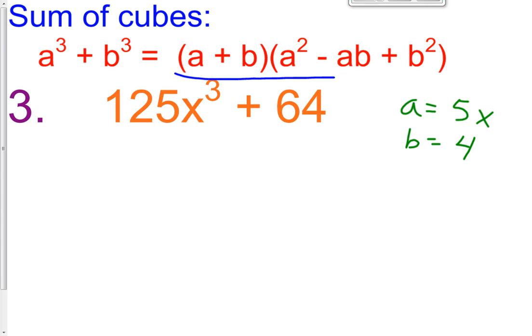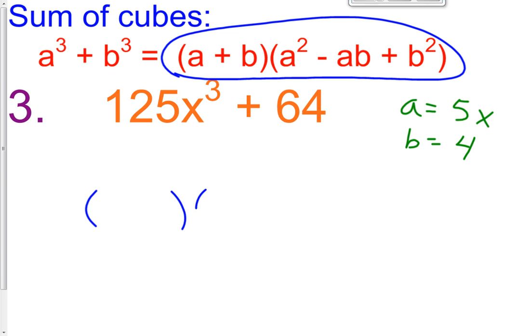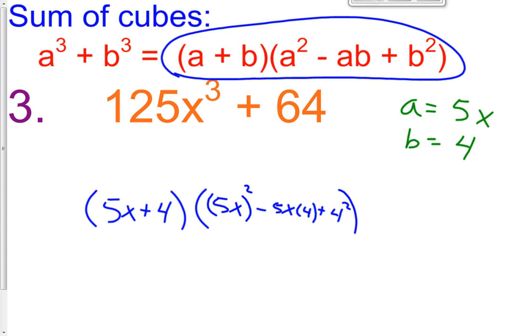Now you're going to put it into this binomial and trinomial. So the binomial is a plus b, which is 5x plus 4. The trinomial is a squared, so it's (5x) squared, minus 5x times 4, plus 4 squared.